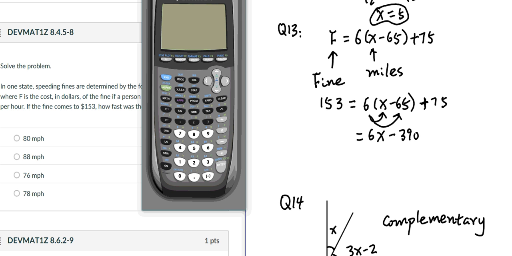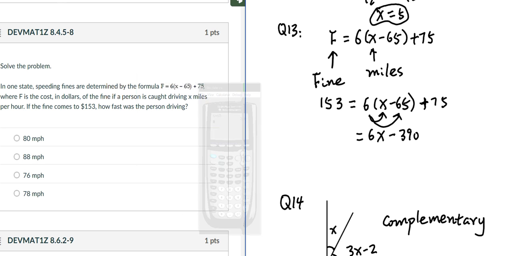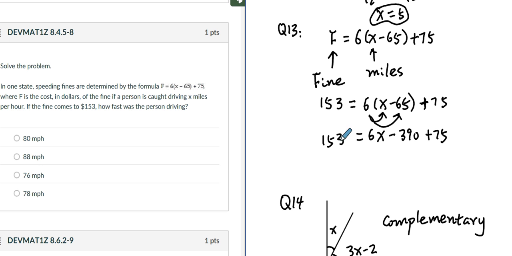If you want to confirm, take the calculator out. 6 times 65 is 390. And then plus 75. The left-hand side is 153.